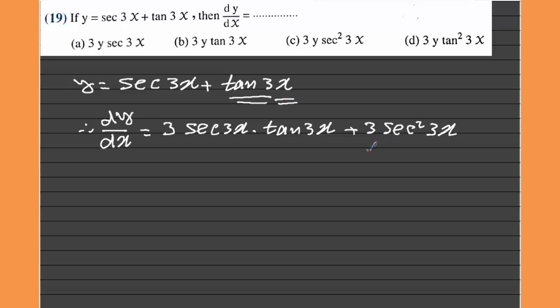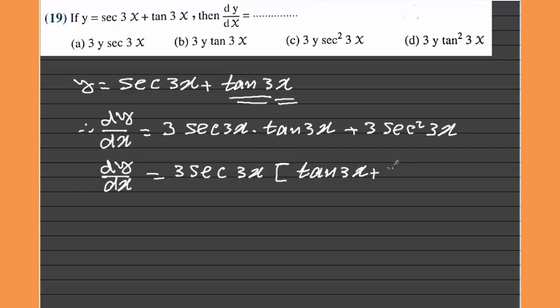And we simplify this as much as possible because we don't have this solution among the options. So we must simplify the right hand side to get one of these options. So dy/dx equals, we can take 3 sec 3x as a common factor: bracket, tan 3x plus sec 3x.